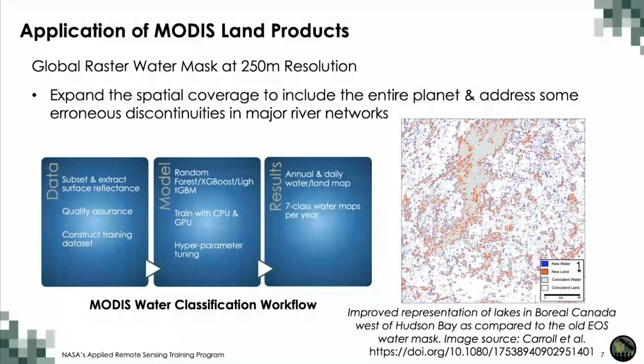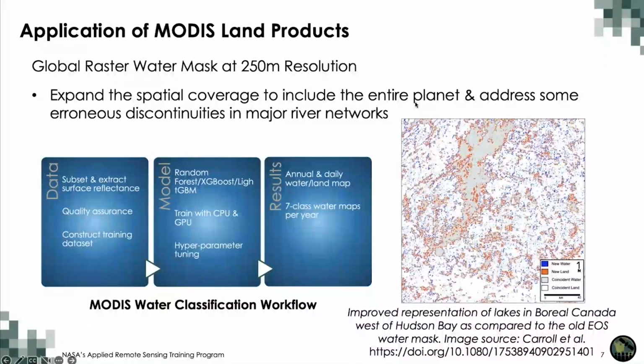If we mistakenly apply a land algorithm to water pixels, that will definitely introduce unnecessary errors. So our goal is to generate a high resolution water mask over the globe and have a higher accuracy of distinguishing water pixels and land pixels.